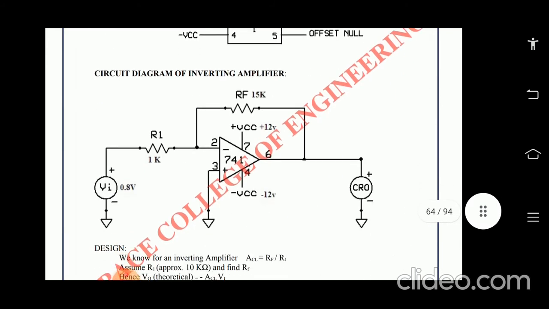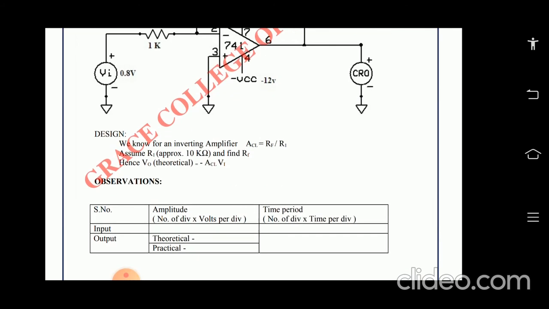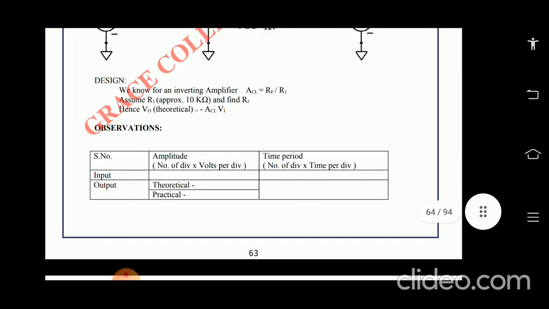After that you need to get the output from the CRO, and from the graph we can calculate the input amplitude and the time period, like number of divisions into the quantity per division. Similarly for your output waveform, we need to calculate the amplitude as the number of divisions into voltage per division, and time period as number of divisions into time per division.